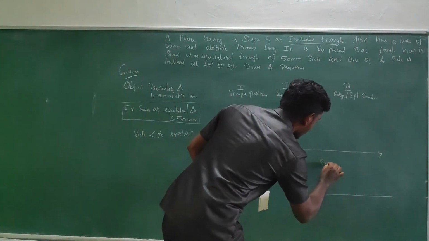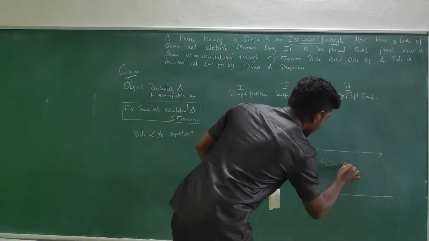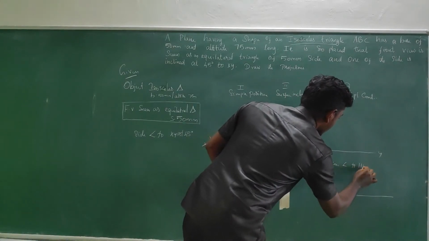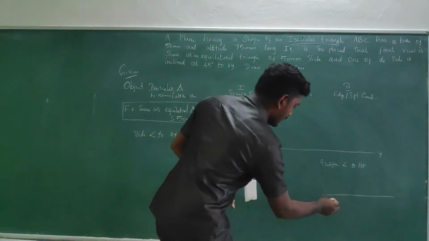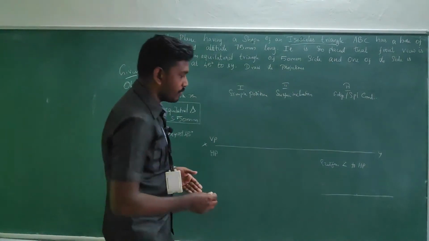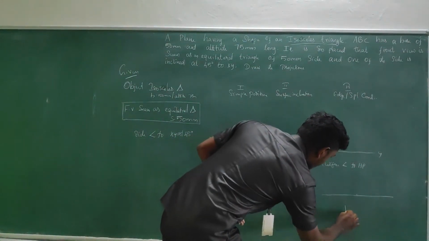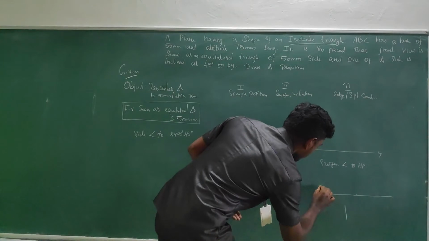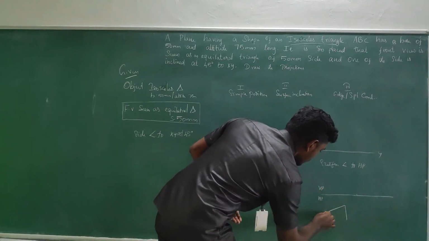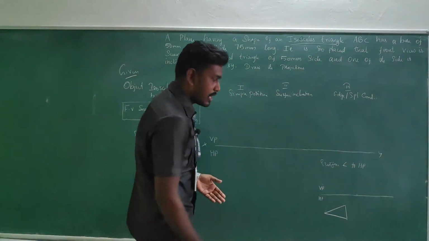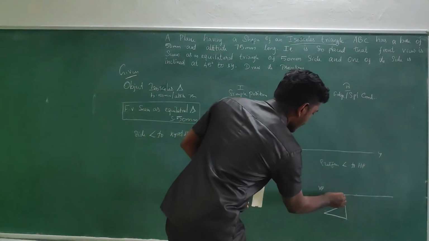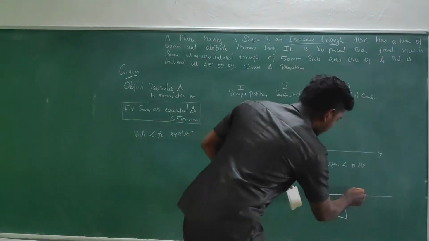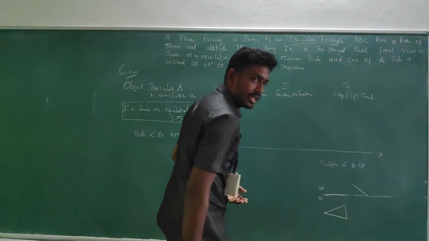For example, we already know that if the surface is inclined to HP, then the true shape in the first stage will be obtained in the HP plane. Something like this, an equilateral triangle. And in the front view, you will get a straight line. When it is inclined, it happens like this.